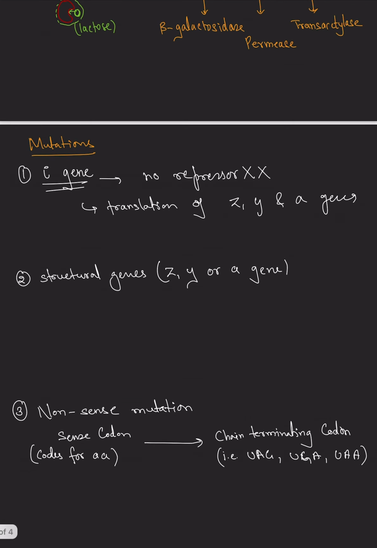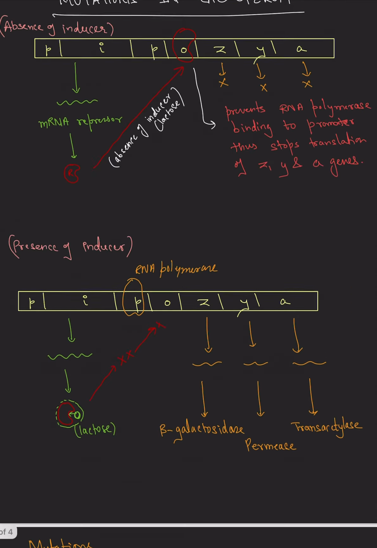Okay, now the second case is when there is mutation in the structural genes. The structural genes Z, Y and A are required for the metabolism of the lactose. Z is coding for the beta galactosidase enzyme that breaks down the lactose into glucose and galactose, its monomeric units. Y is required for the permease enzyme, and A is required for the transacetylase enzyme.